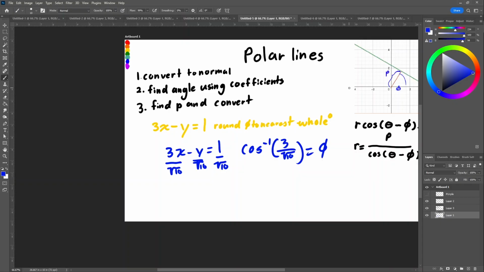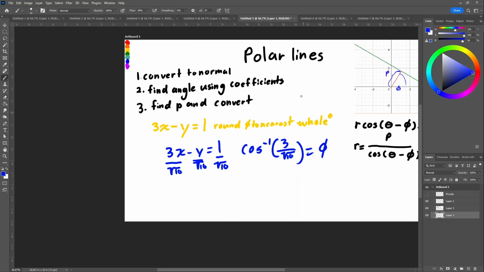Since this is not on our unit circle, nobody's expecting us to have this memorized, but we can use our calculator to find this out. 3 over square root 10. But we want to double check and find out which quadrant this is in.